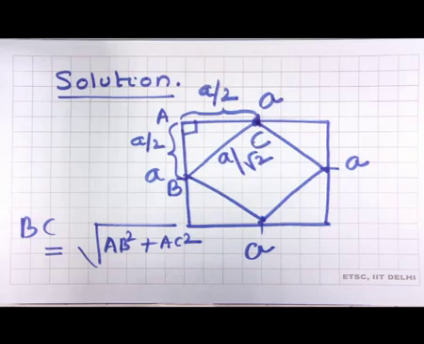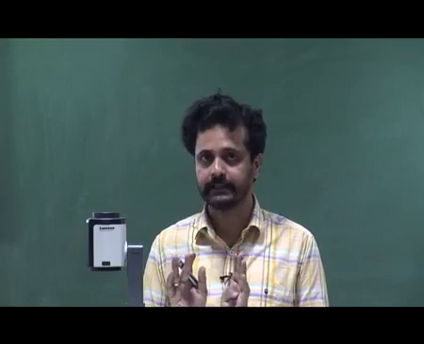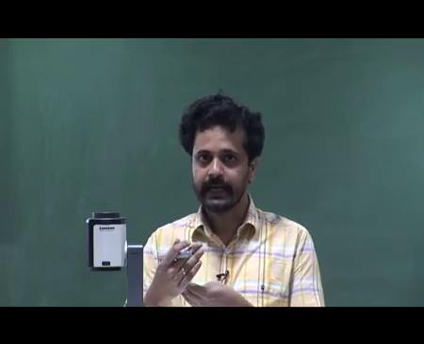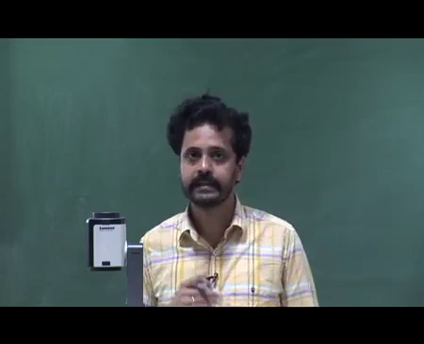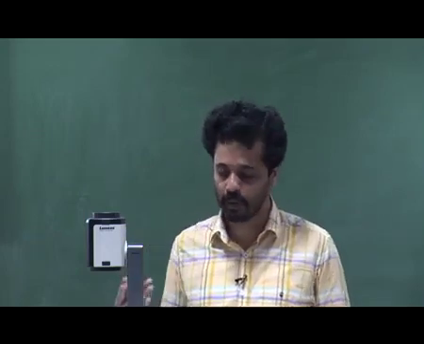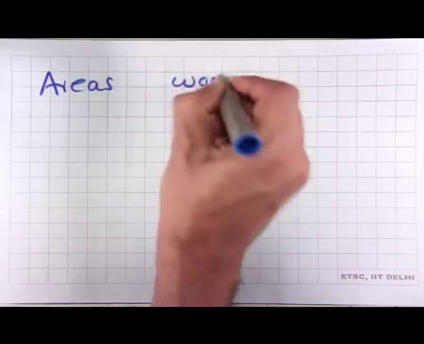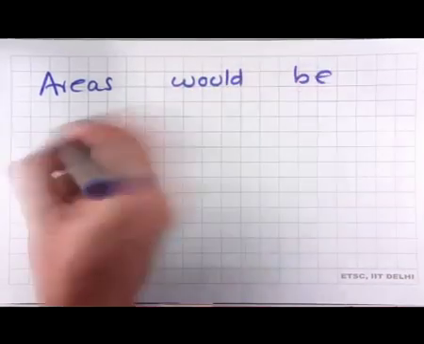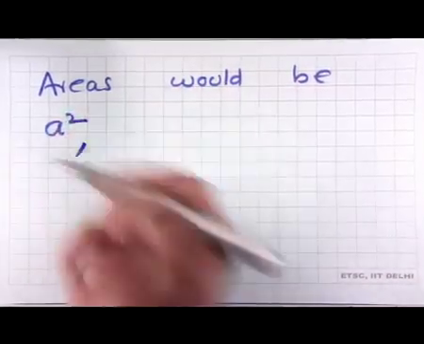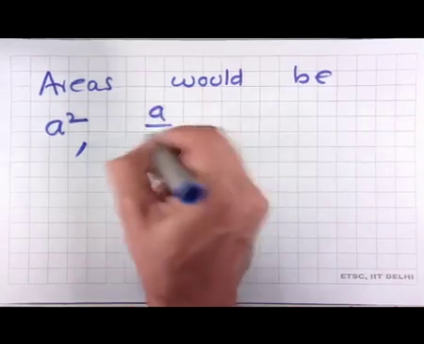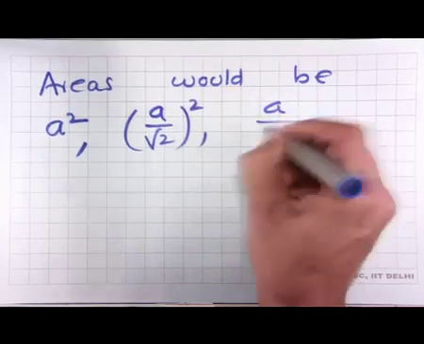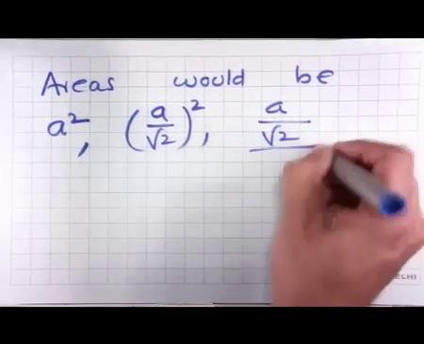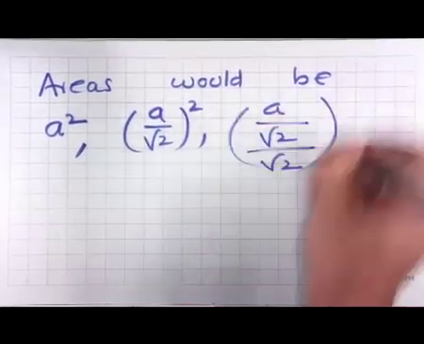Whenever we have a square of side length x, the immediate next to it in our pattern will have side length x by root 2. Therefore, the corresponding areas would be a square, a by root 2 square, a by root 2 by root 2 square and so on.